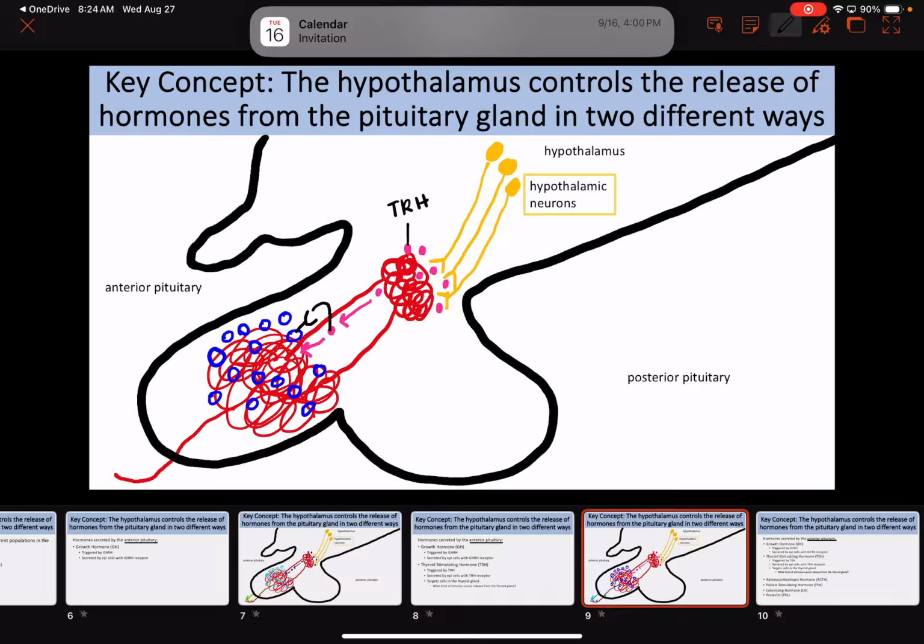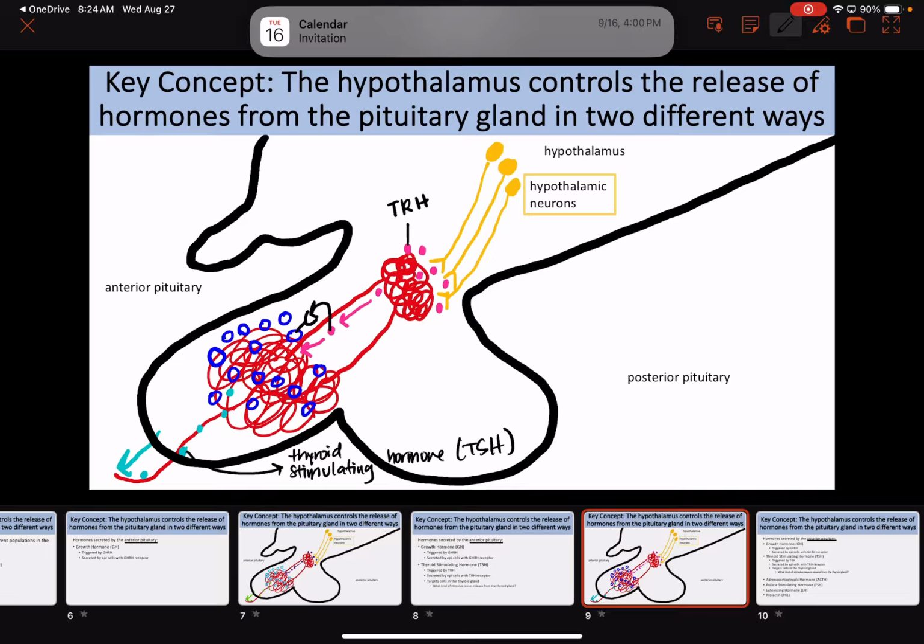Once that TRH binds, then those purple cells down there can send their own hormone, which is now called TSH, thyroid stimulating hormone, or TSH. So any questions about how that process works?